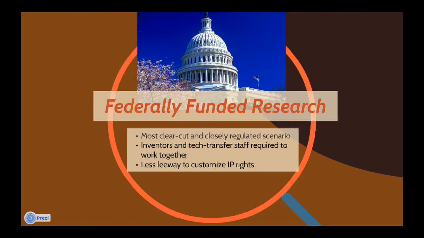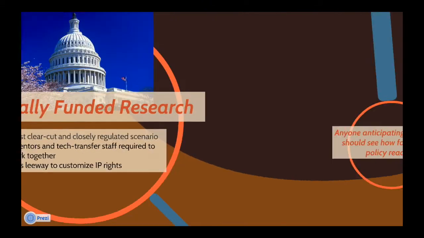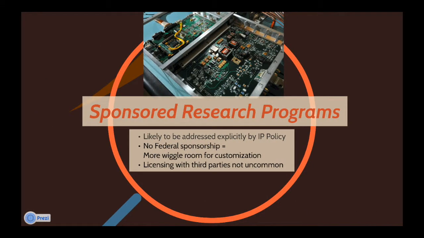In turn, inventors and technology transfer staff are required to work together to patent the invention before the patenting window expires. Because of these regulations, there is significantly less leeway for institutions to customize IP rights when federal money is involved.